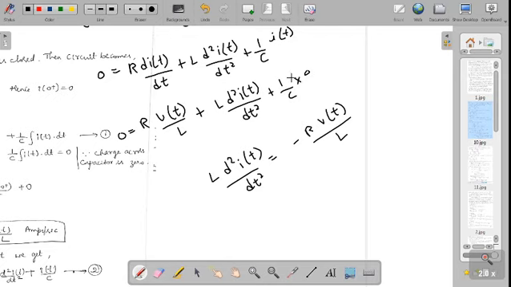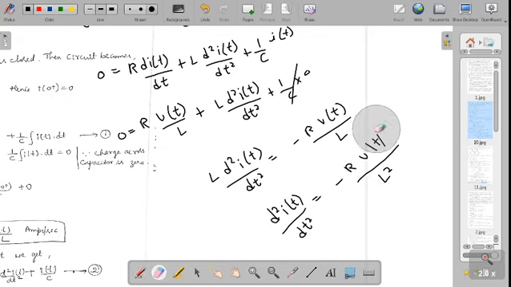So d square I of t divided by dt square equals minus R V of t divided by L square.